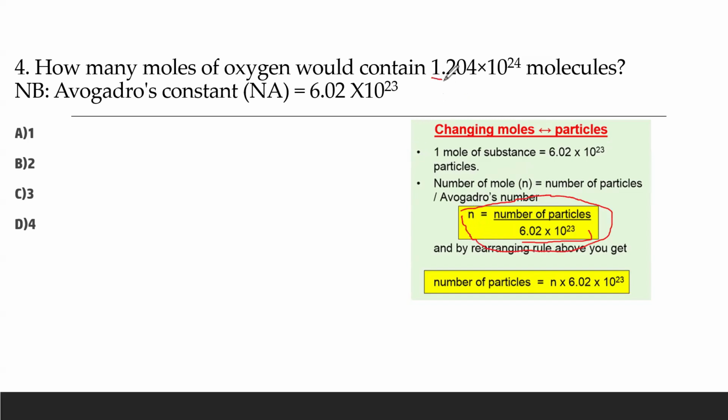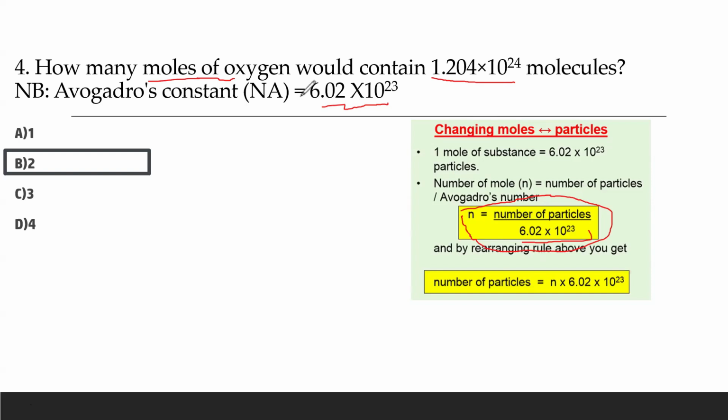You just take this 1.204 times 10 raised to the power of 24 as the number of particles, and then you divide it by 6.02 times 10 raised to the power of 23. Then the number of moles of oxygen will be calculated. So the answer to this question, after I do the calculations, is going to be 2. So if you divide 1.204 times 10 raised to the power of 24 by 6.02 times 10 raised to the power of 23, it will give us 2.